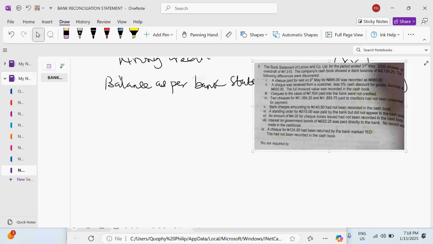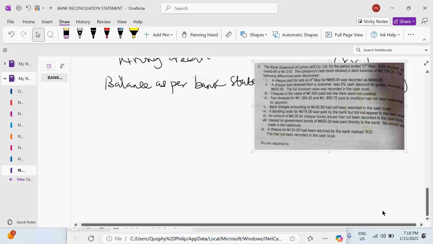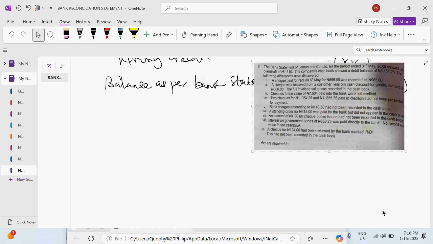You are required to adjust the cash book and then prepare the bank reconciliation statement. So that is the requirement. Now let's go through this.